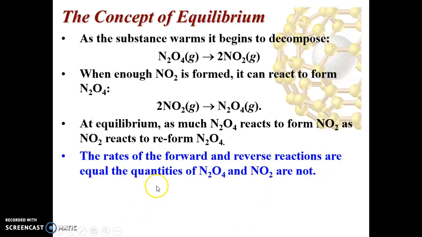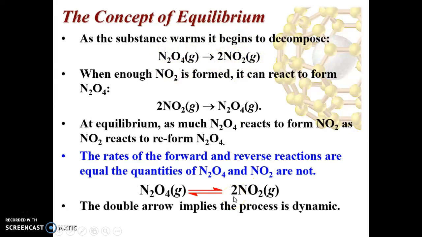What is not equal, however, might be the quantities of the N2O4 and the NO2. Just because you have 1 mole of this doesn't mean you have to have 1 mole of that. The double arrow implies that the process is dynamic. It establishes equilibrium. It goes both ways.